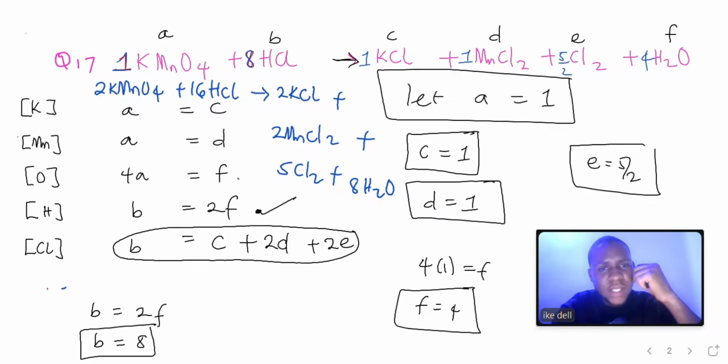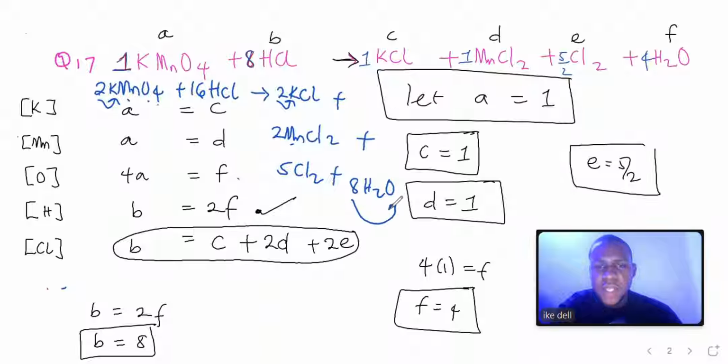So that's how you balance it using the algebraic method, which is what we've just gone through. It's called the algebraic method, if you want to call it that. You follow this process and you get your answer. Most likely, the whole thing is balanced. If you want to check it, 2K, 2K, Mn is 2, Mn here is 2, oxygen here is 2 times 4, which is 8.